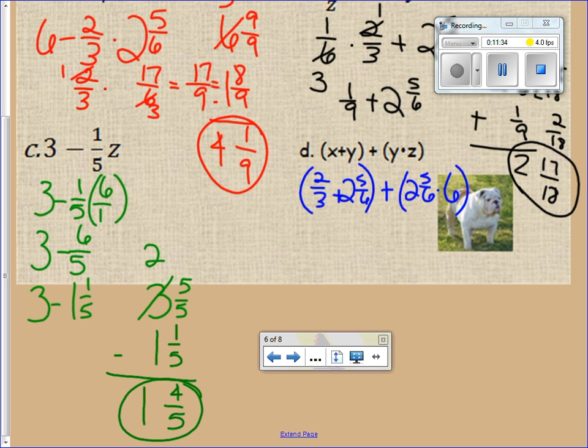So we're just going to start with the grouping on the left. Two-thirds plus 17 over 6. I'm going to go off to the side. I probably should have left it. 2/3 plus 2 and 5 over 6.